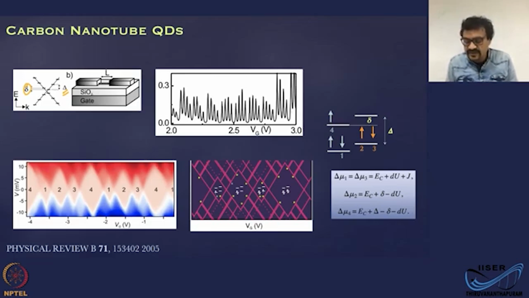The filling sequence is we have 1, 2, 3, then the 4th is a large one. Again, 1, 2, 3, 4th large one. The way to understand this is you have the subband offset, small delta, and you have the single particle level spacing, capital delta.